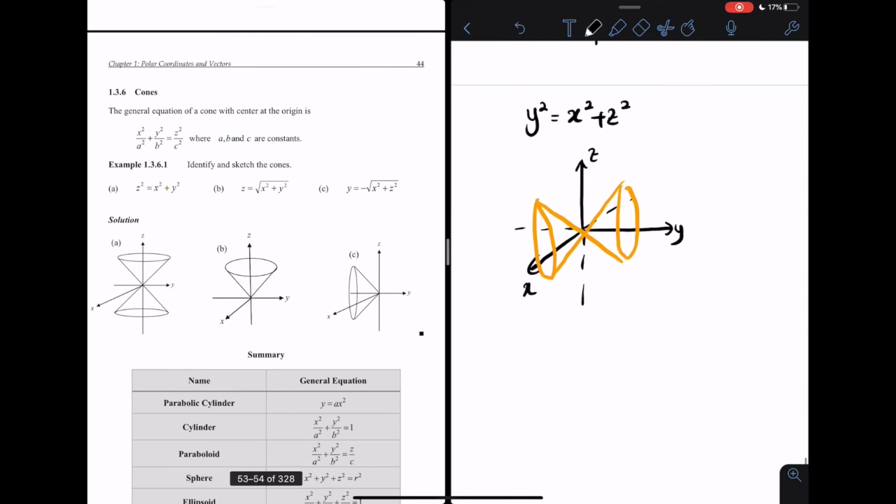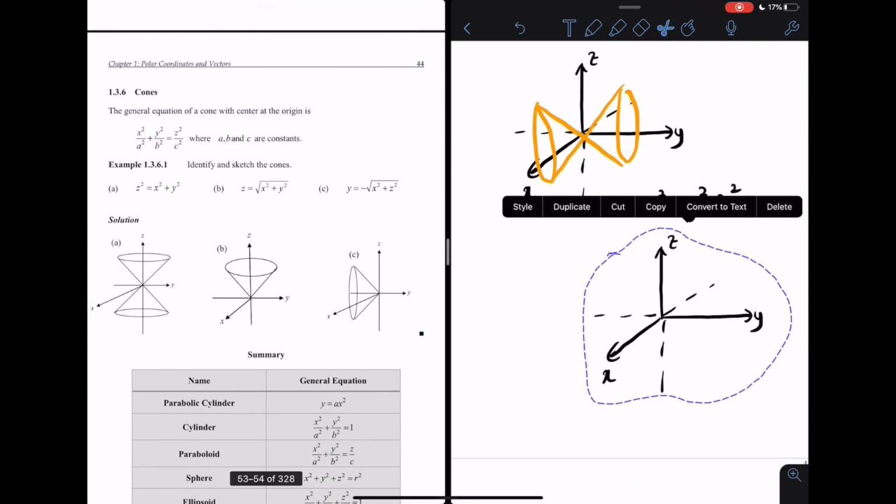By letting x on the left hand side, you will get x squared equal to y squared plus z squared. I really hope you can relate up to this point.